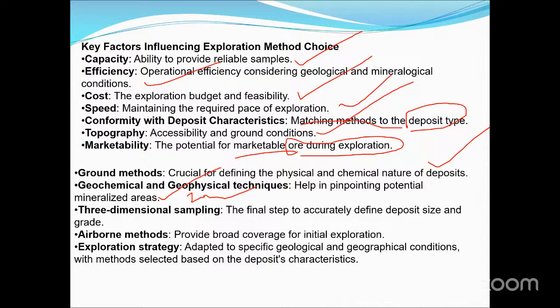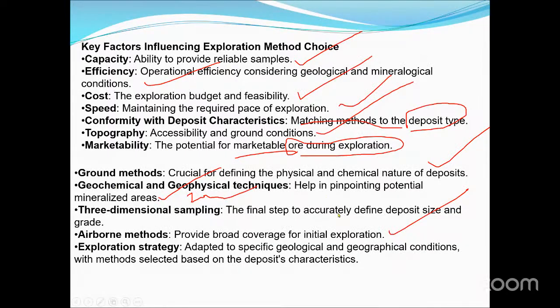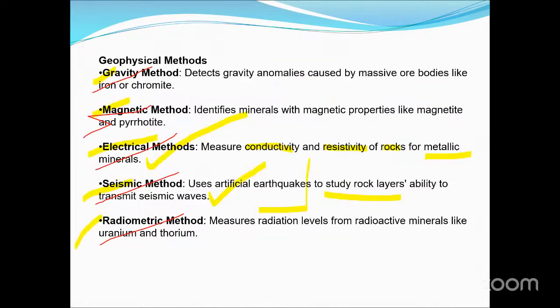Airborne methods provide broad coverage for initial exploration, and the exploration strategy is adapted to specific geological and geographical conditions, with methods selected based on the deposit's characteristics. So these are the summary.